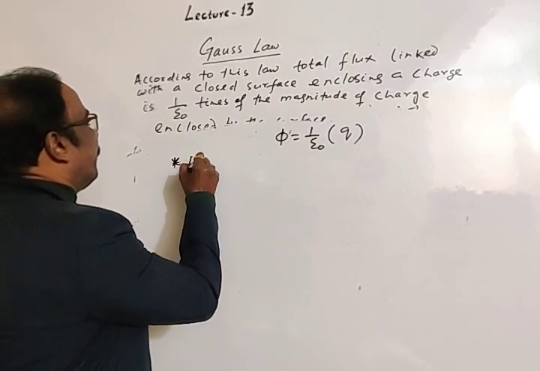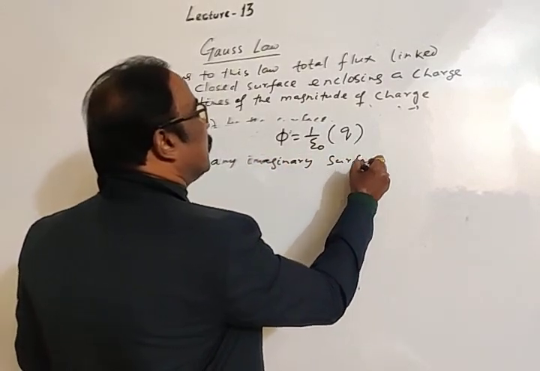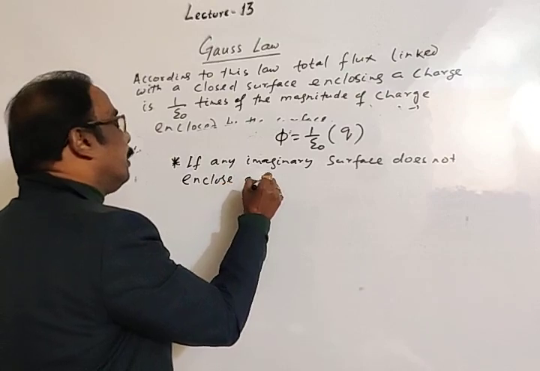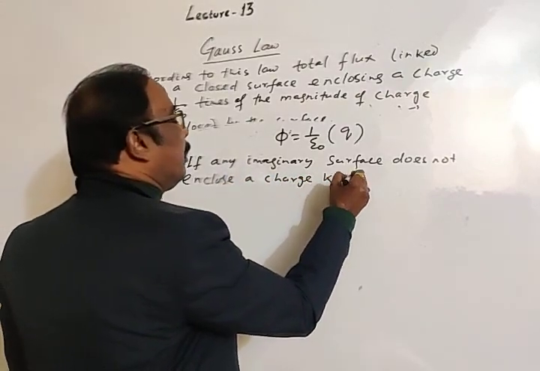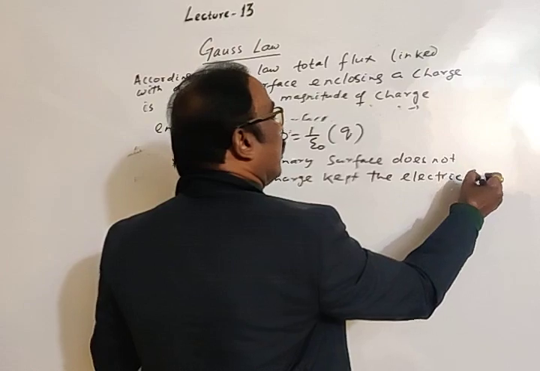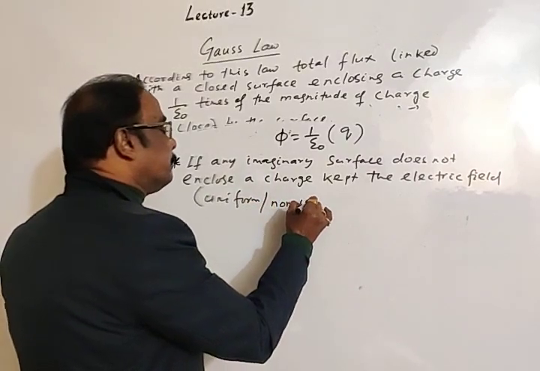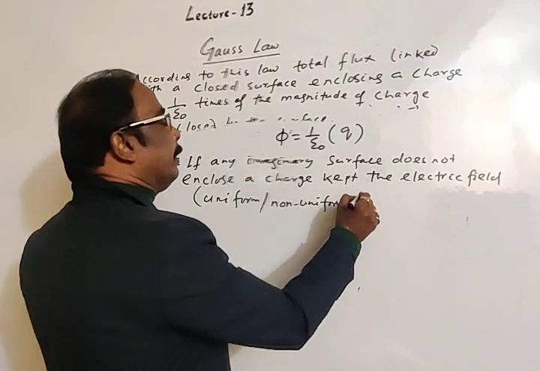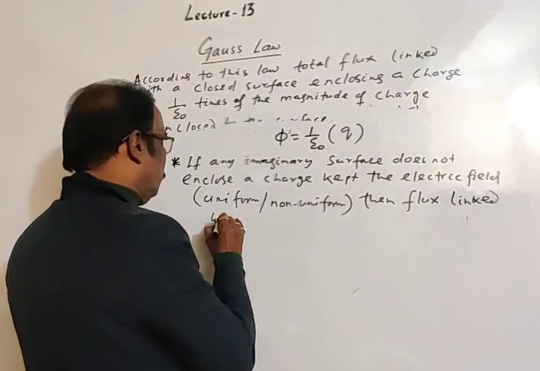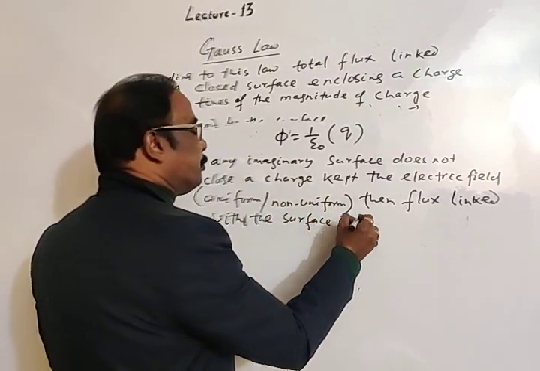If an imaginary surface doesn't enclose a charge kept in the electric field, may be uniform or non-uniform, then flux linked with the surface is 0.